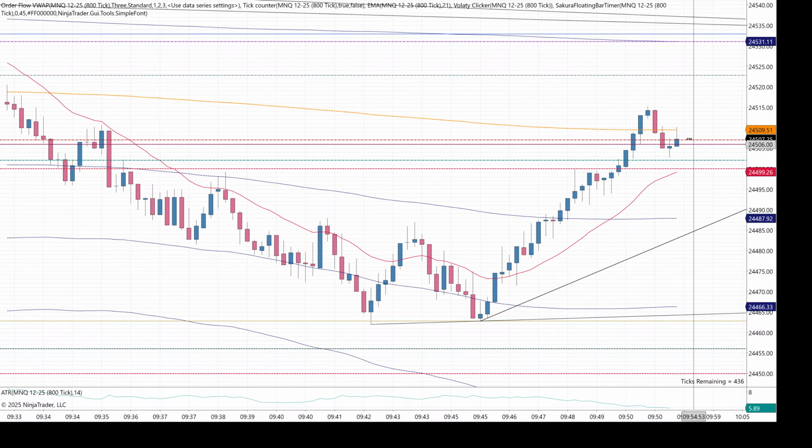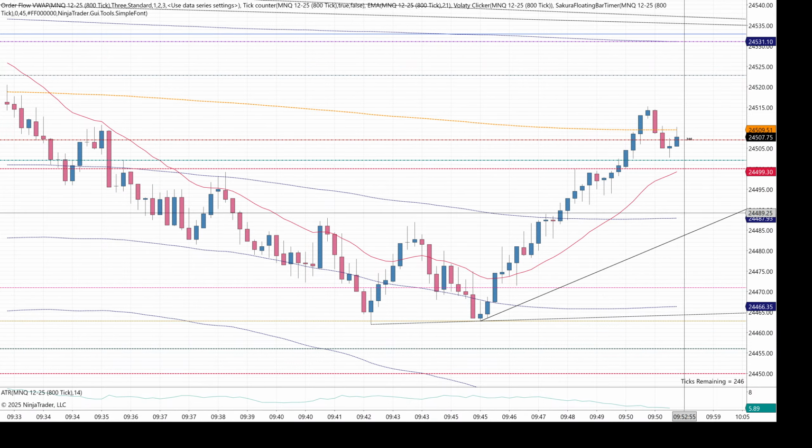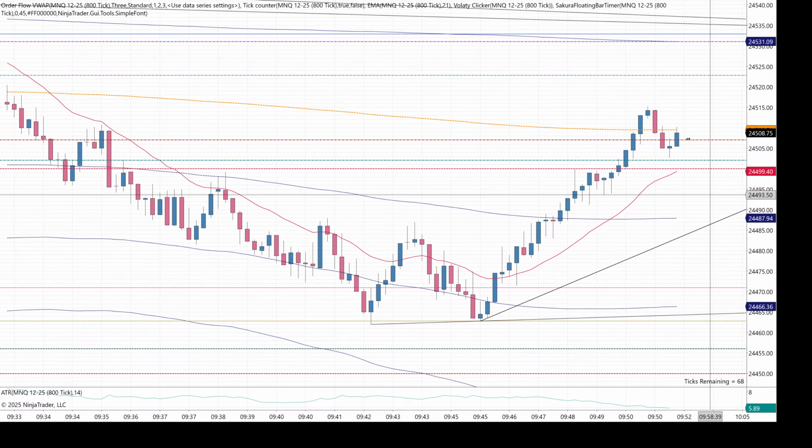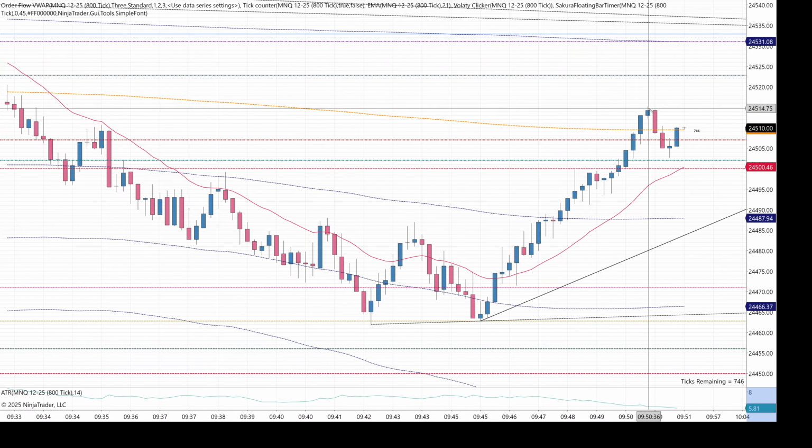Runner has been taken out, so let's get the runner out of the way. We have this more immediate downward trend line.